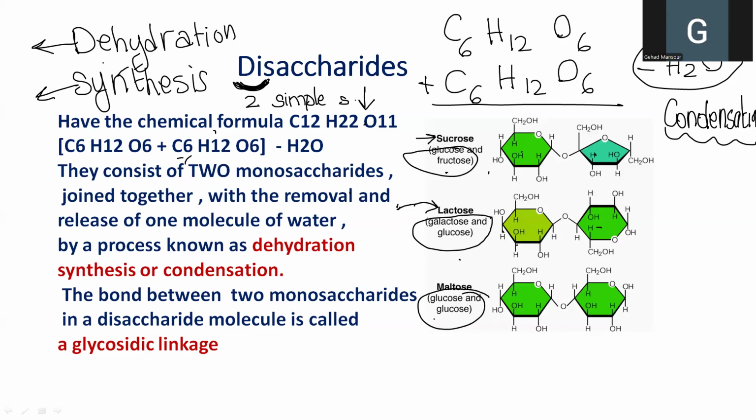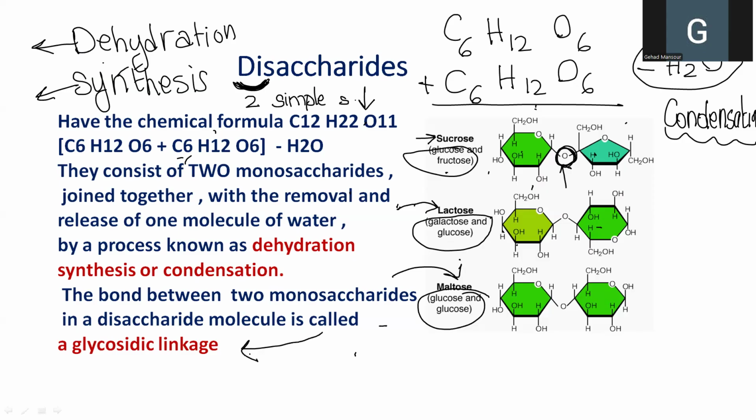If you allow glucose and glucose to react, then you would obtain the disaccharide maltose. In order for this link to be formed between the molecule of glucose and that of galactose, you should remove one molecule of water, and what remains will be that oxygen that links the two sugars together, and we call this link a glycosidic linkage.